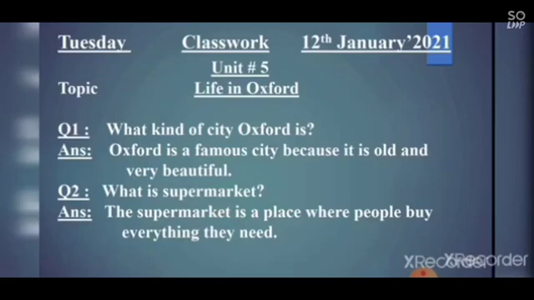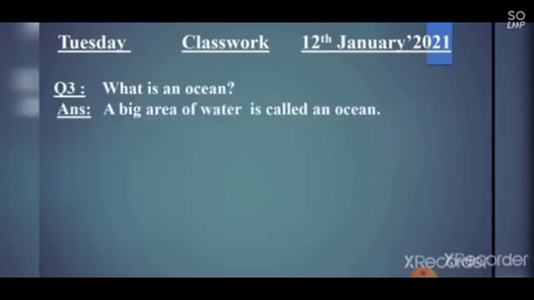Oh yes, students, we have done this answer also. Very good, students. Excellent. Now come to our last question, which is in front of your screen. Look at this last question. This is the last question. Question number 3. What is an ocean? Students, we all know and we have done a deep and summarized revision of ocean.